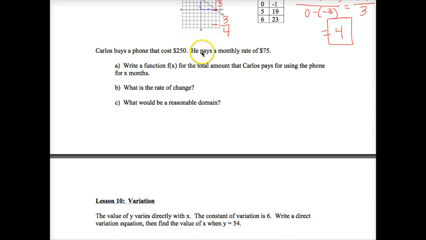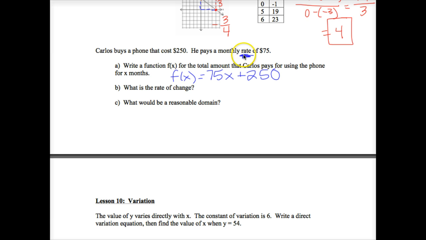All right, this one, when you write your function, first of all, it tells you what to name it, so pay attention to that. But the phone is a flat cost. Monthly rate, this keyword tells you that needs to be the coefficient of your x. So 75x plus 250.